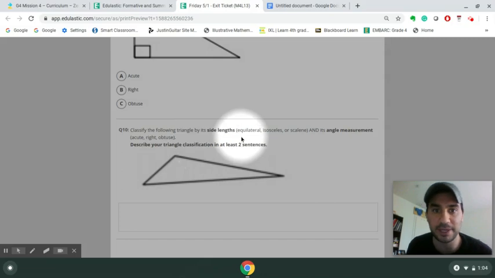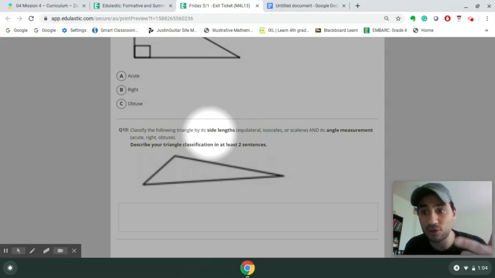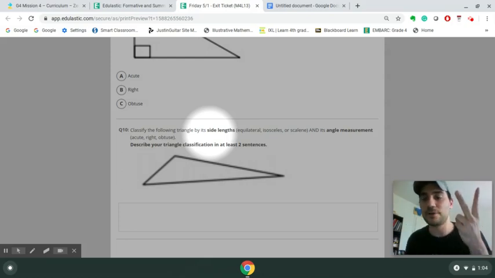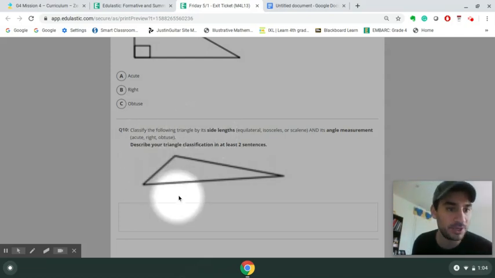Tell me, is it an isosceles right triangle, or is it scalene and right? It's got to have 2 classifications, one based on side lengths and the other based on angle measurement. Once you're done that, you are finished your exit ticket.